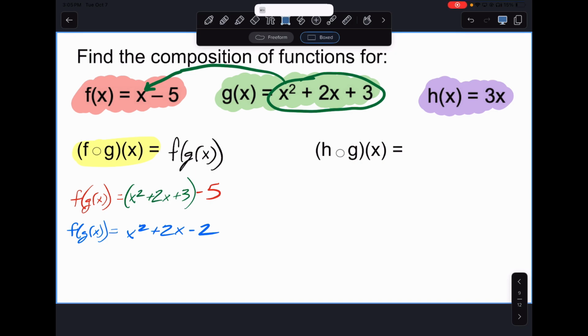Okay, let's try the second one. Now you're going to be using the purple and the green.